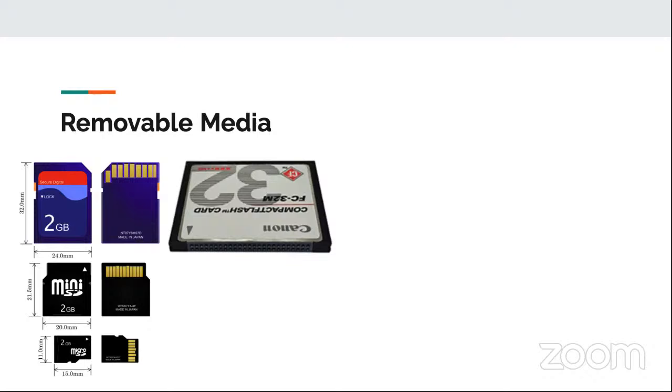I used to consult for a company whose entire phone system was living off of a single compact flash card that they never had backed up. So of course it died, and they had to buy another compact flash and recreate their entire phone system, voicemail settings, extensions, all that.